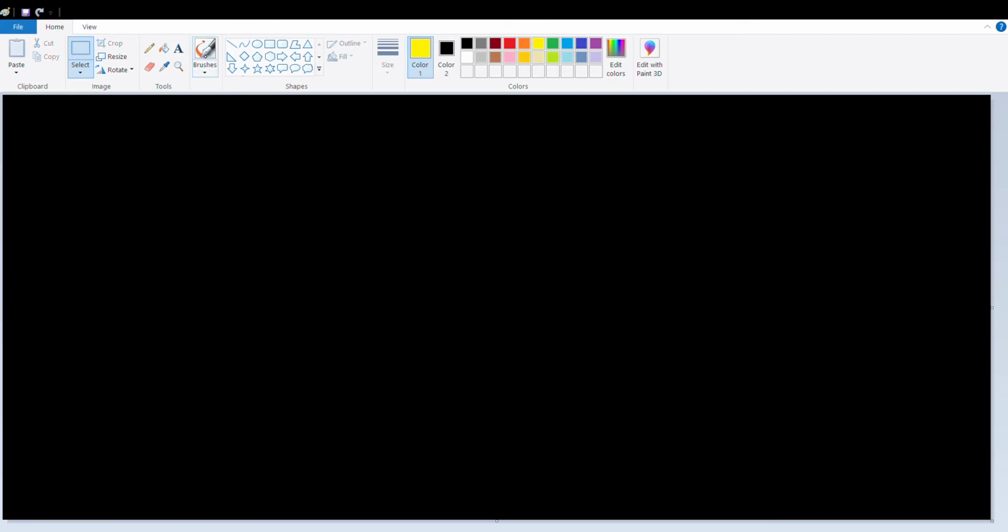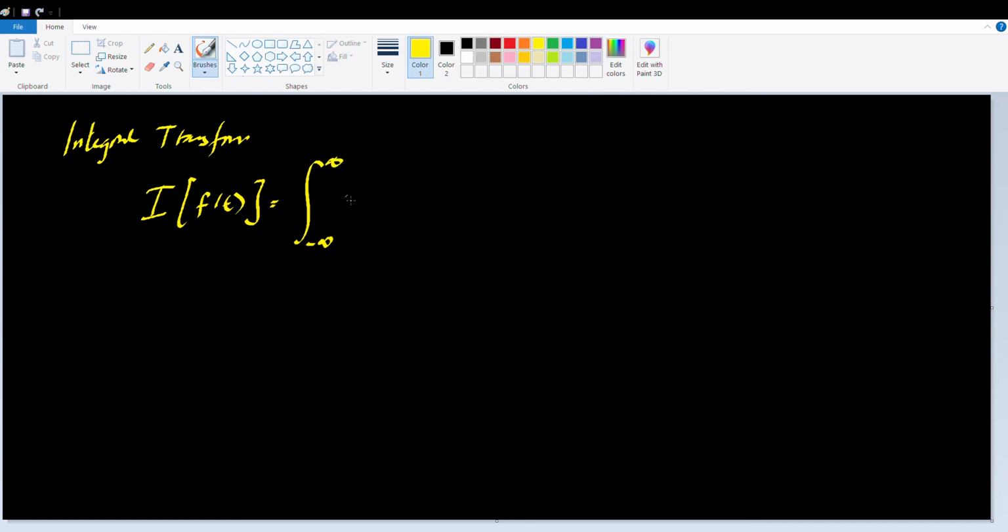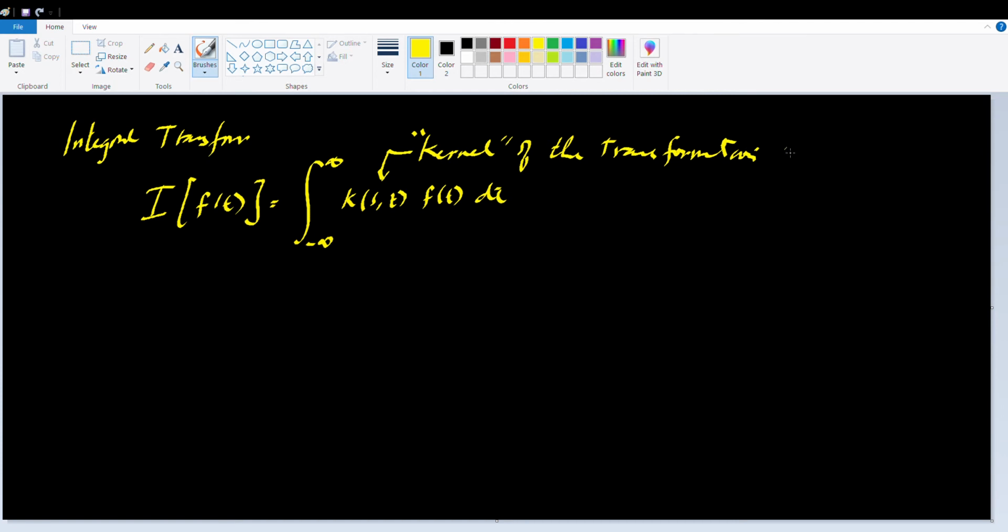An integral transform of a function, say f of t, is defined to be the integral from negative infinity to infinity of k(s, t) f of t dt, where k is called the kernel of the transformation.